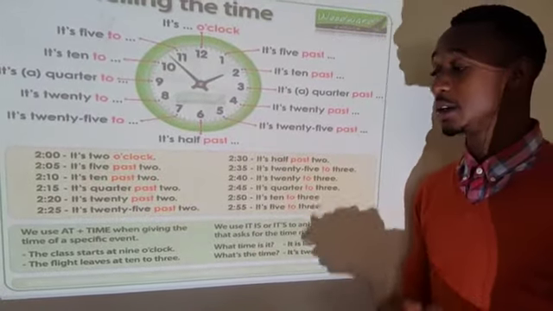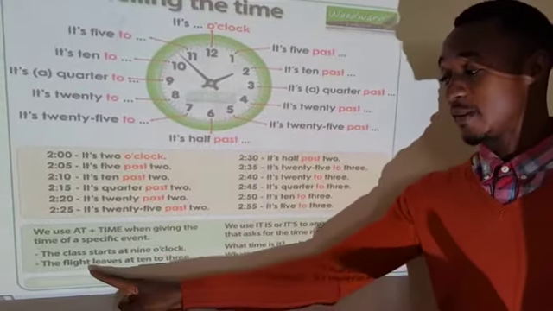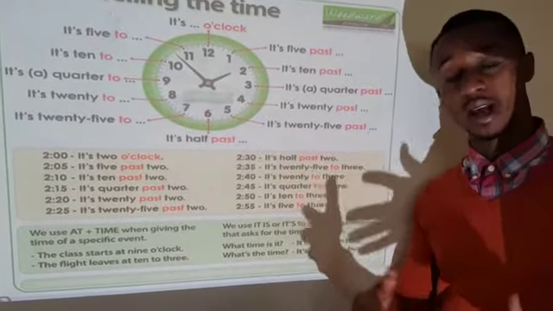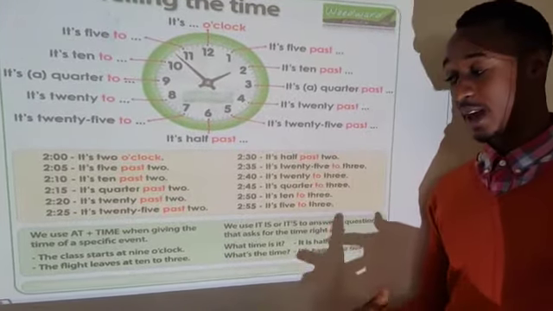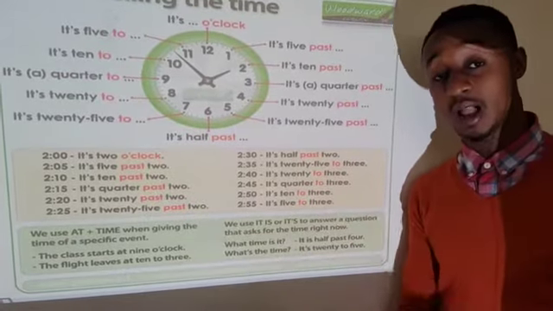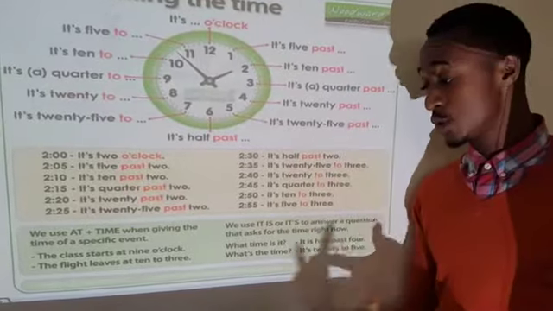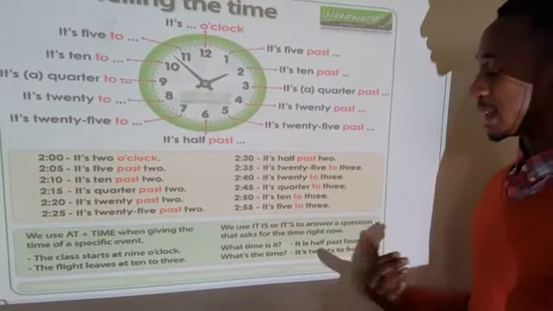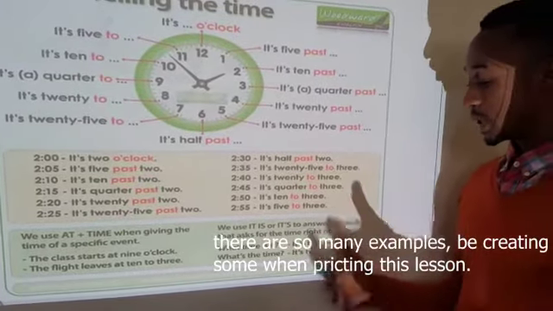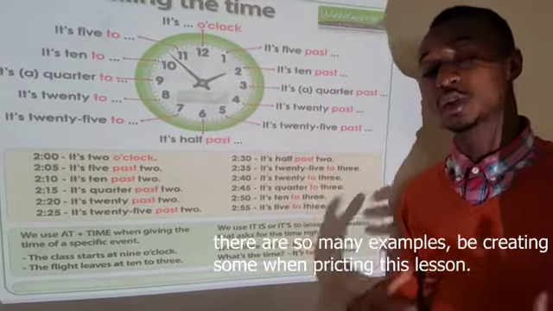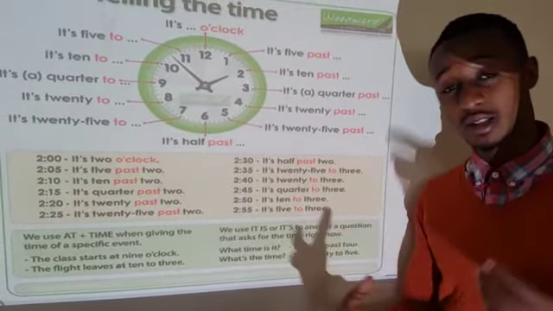Do you understand? Good. Another example, the flight leaves at 10 to 3. The flight leaves at 10 to 3. So there are so many examples. You can create your own examples when practicing, right?